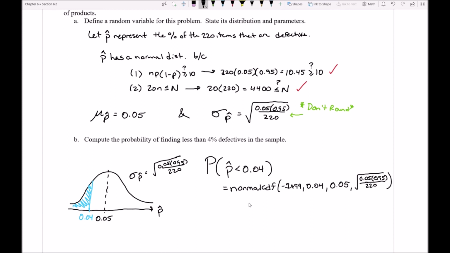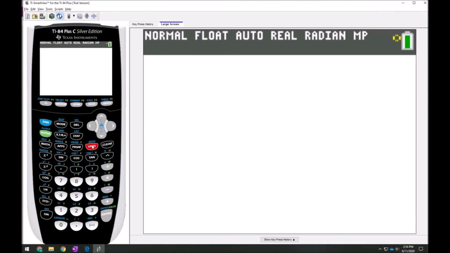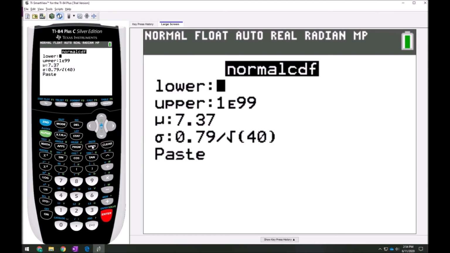When I have all of that in, I can go to the calculator and crunch this. I'm going to do it right now just to see what I would end up with. Okay, I'm going to click on second, vars, normal CDF. I'm going to do -1E99, go to 0.04. Average is 0.05.